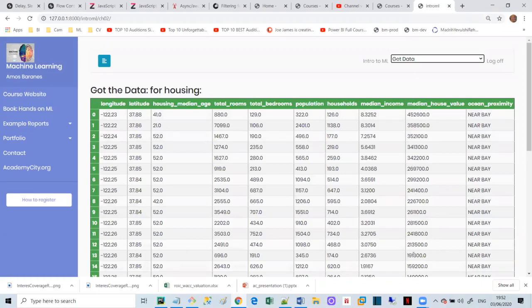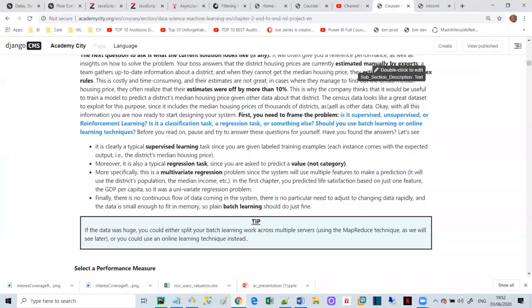If I didn't have this column, and people tried to tell me, can you divide all those districts into groups? That would be a classification study or classification model I should use, and therefore it would be unsupervised. But now I'm given the number, so that probably should be supervised learning, okay? So it's not unsupervised. Is it reinforcement learning?